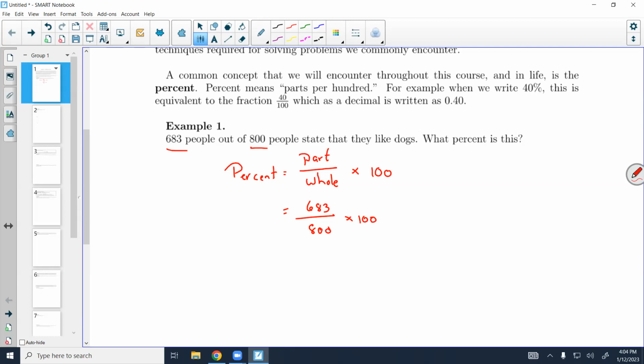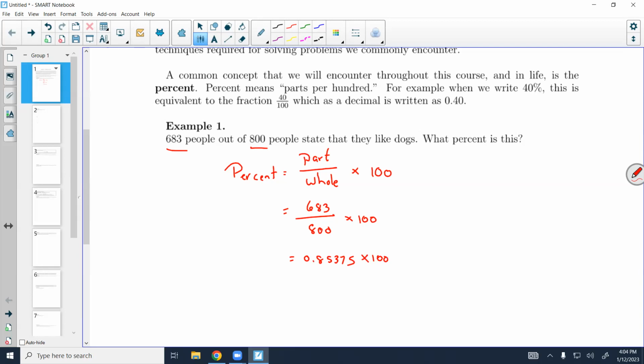If we get our calculators out, we take 683 divided by 800, which gives me 0.85375.